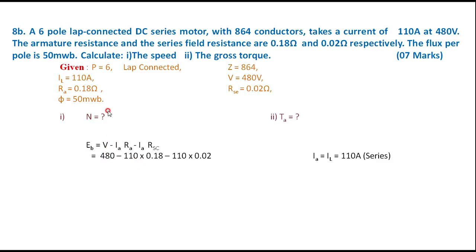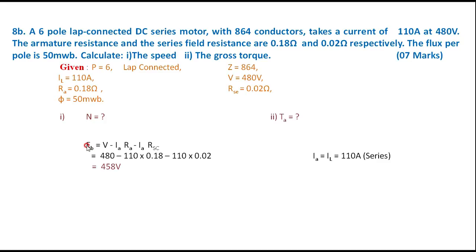Therefore, we can substitute all the values given: V is 480 volts, and in the case of a series machine, IA is equal to IL is equal to 110 amperes. Therefore, IA is 110 into resistance 0.18. Similarly, I series into R series, where I series is also equal to IL is equal to IA, that is 110 only. Therefore, 110 into 0.02. Therefore, what we are getting is 450 volts as the back EMF.